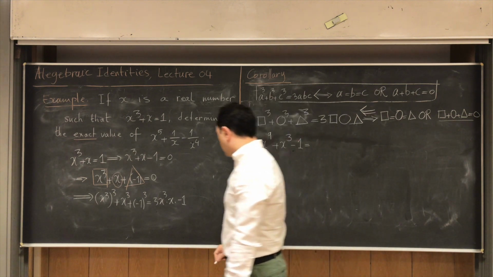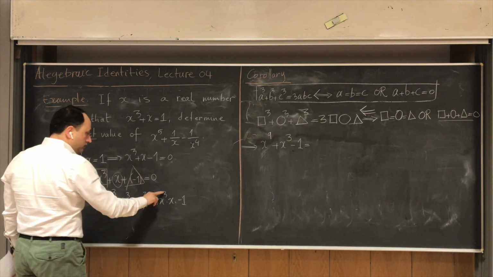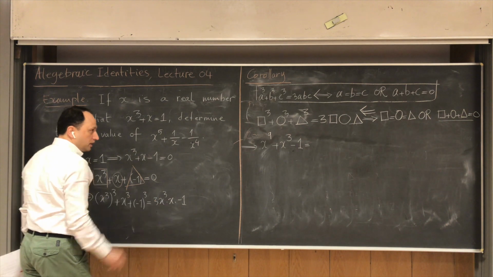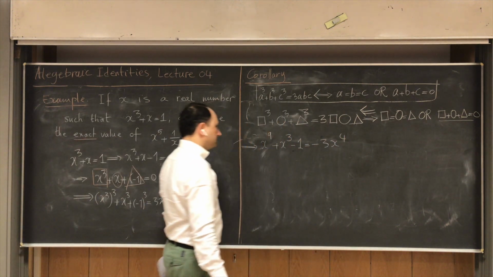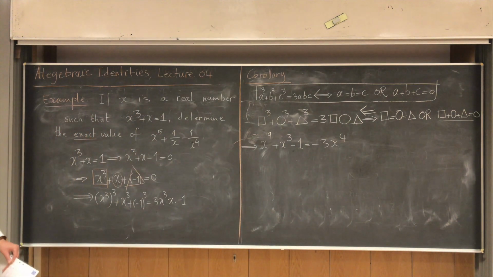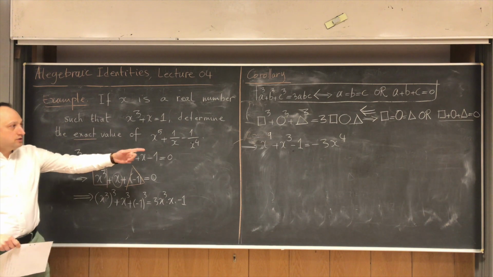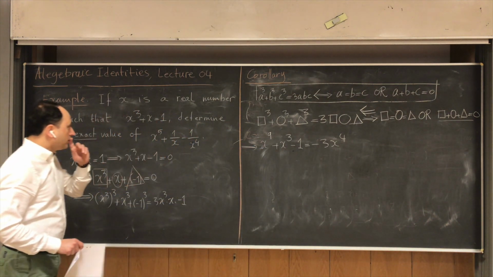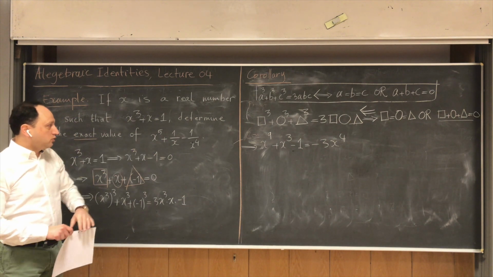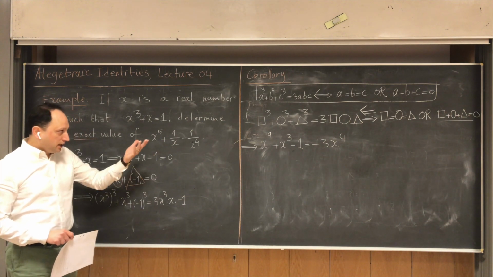What is on the right hand side? 3 times x to the 3 times x is x to the 4 times minus 1 is minus 3x to the 4. Yes? So this was not easy to get, because immediately I used that theorem and I got another more complicated expression. But look, here I have this expression. The question mark is that expression. Can you see a connection?